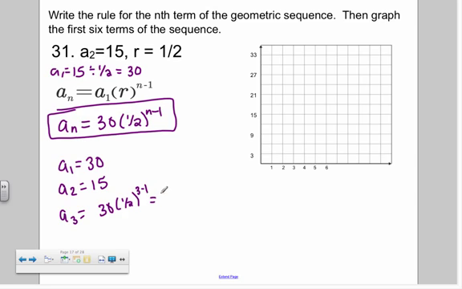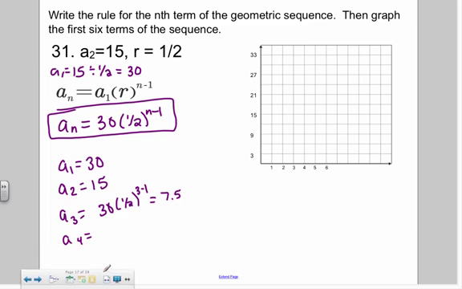Well, that will give me 7.5. Then I'm going to calculate the fourth term, which is 30 times 1/2 to the 4 minus 1 power. Knowing that my ratio is 1/2, I could just multiply the previous term by half. And that's what I've been doing in my head.